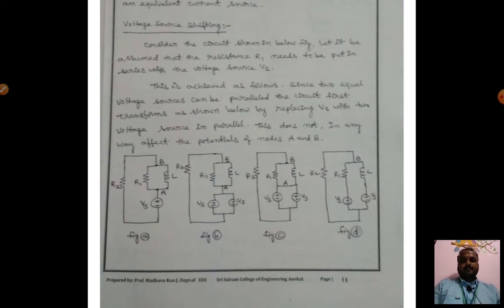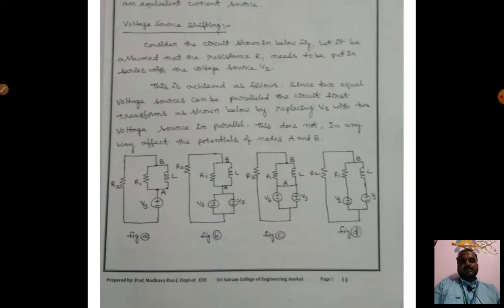Since two equal voltage sources can be connected in parallel, if you connect voltage sources in parallel, the voltage should be the same. Using that concept, the first transformation is converting the voltage source into parallel voltage sources.